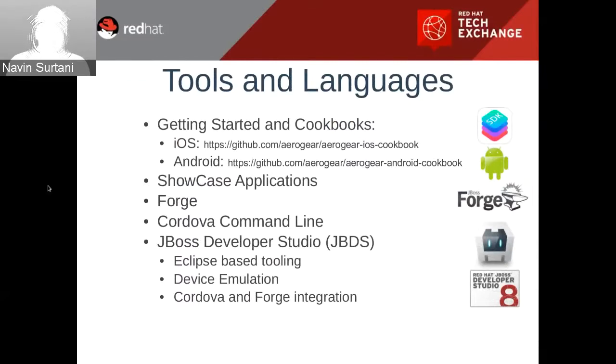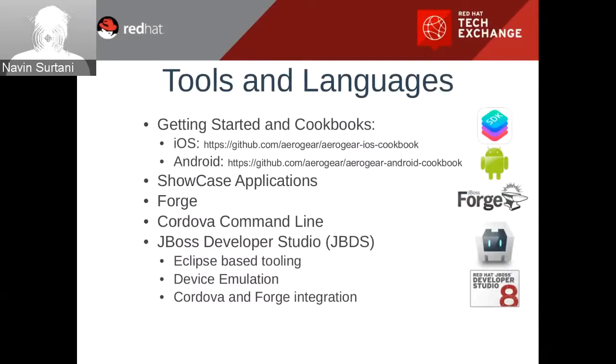At the moment, we are building Red Hat JBoss Developer Studio version 8, which is in beta. 7.1 already includes all this tooling, especially Cordova and device simulations. Developer Studio 8 will include all these capabilities plus a number of other advancements and upgrades of all the APIs.